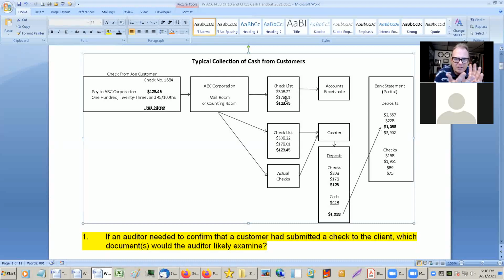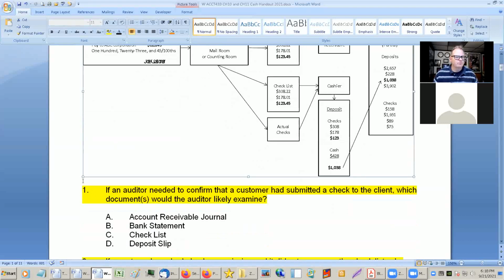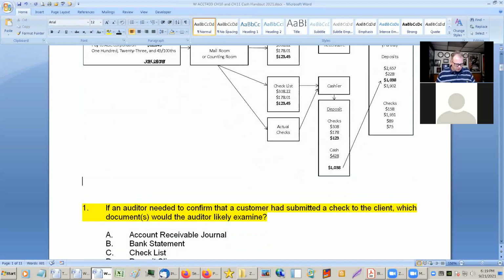Now, counting the checks, one of the controls is to have at least two people counting the checks. Why do we do that? Why have two people counting checks, making the list?